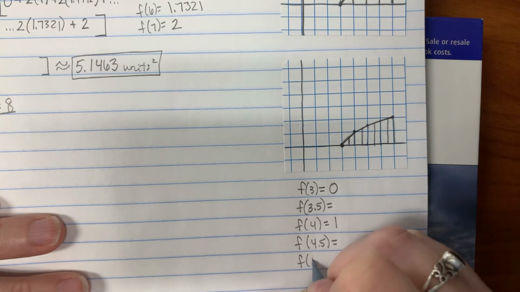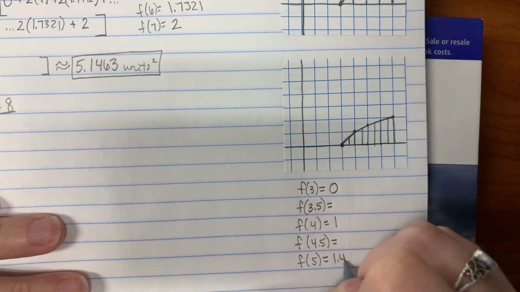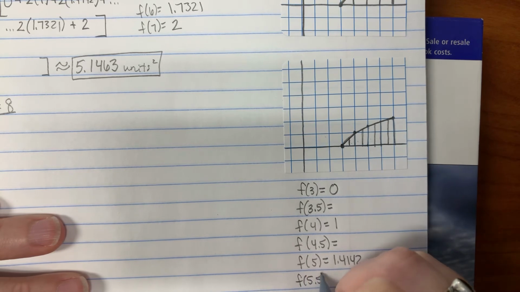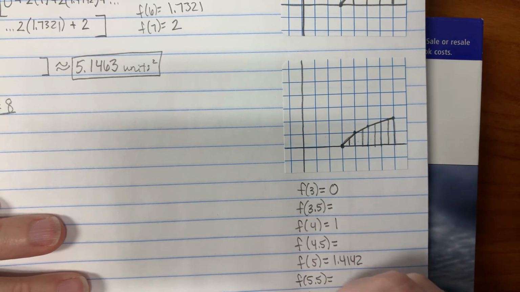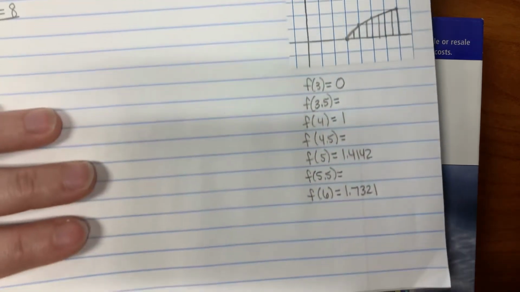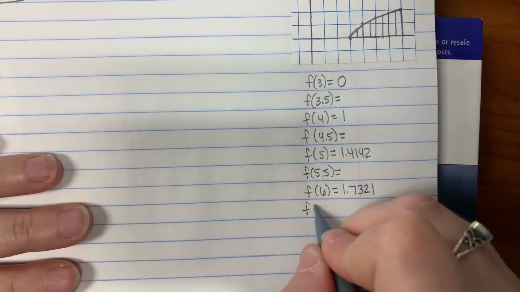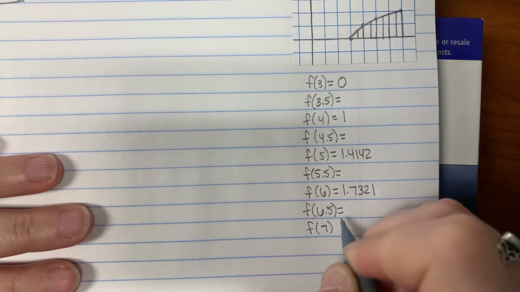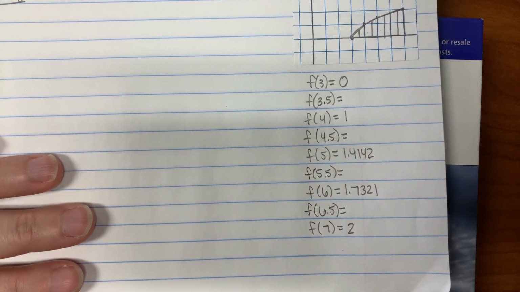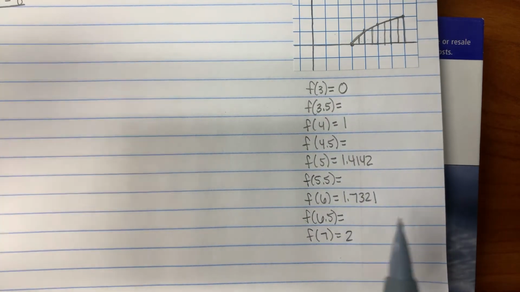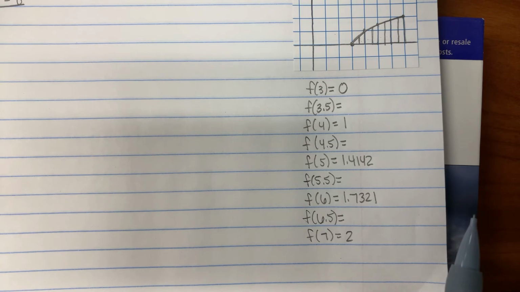And I need f of 5, which I already know, and I need f of 5.5. And I need f of 6, which I already know, and I need f of 6.5. And I need f of 7. So I have all of my other values. I need these ones in between. So again, I would go on a calculator and I would figure those out.